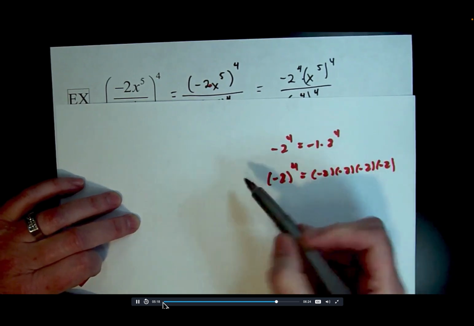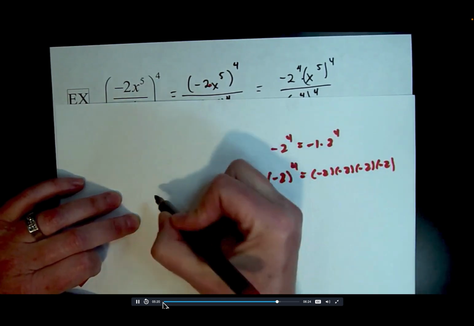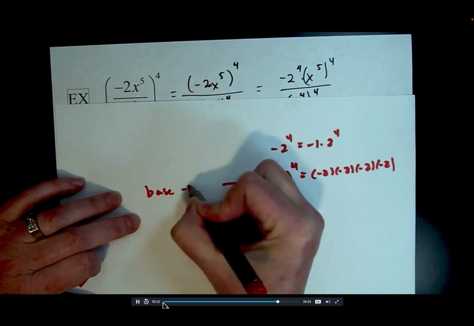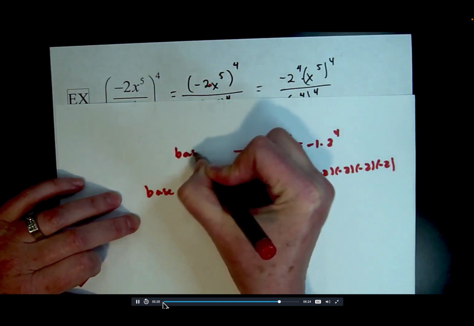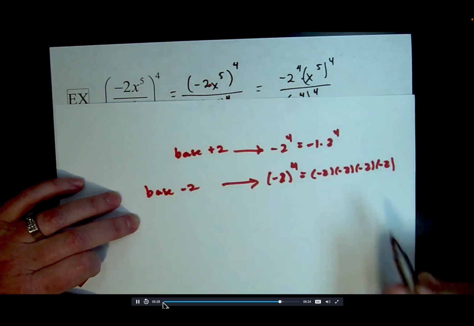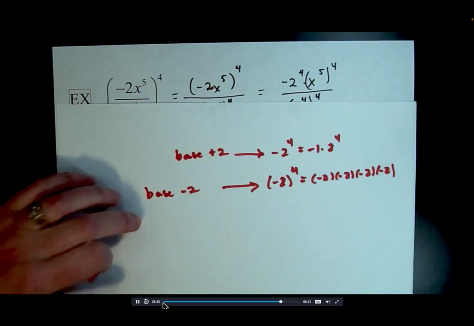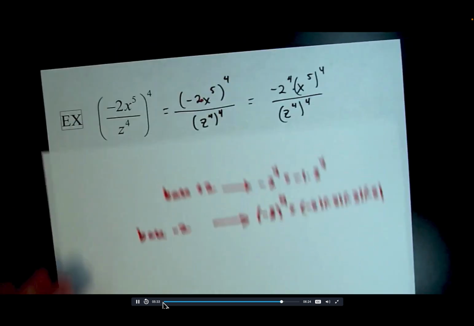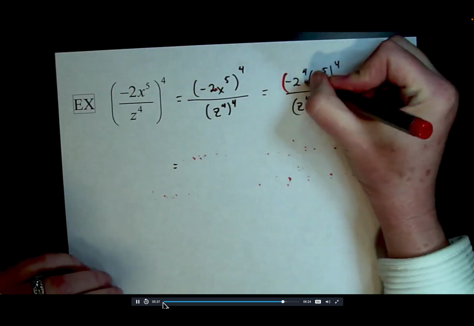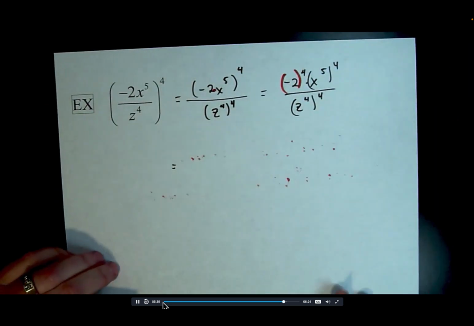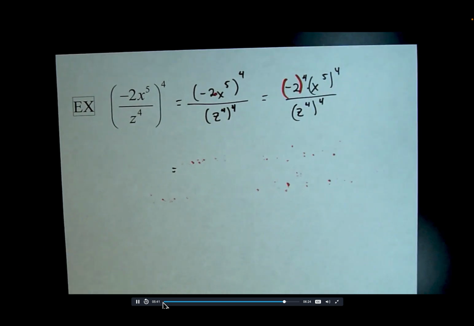Writing it this way, the base on the exponent is negative 2. If I write it the other way, the base is positive 2 and it is afterwards multiplied by a negative 1. Okay, so what was missing here was parentheses on the negative 2, and good job if you spotted that.